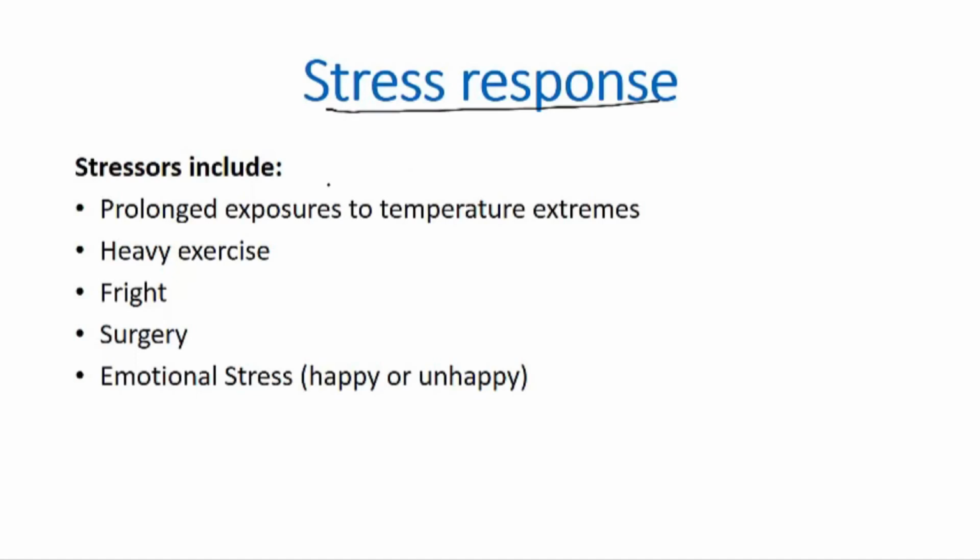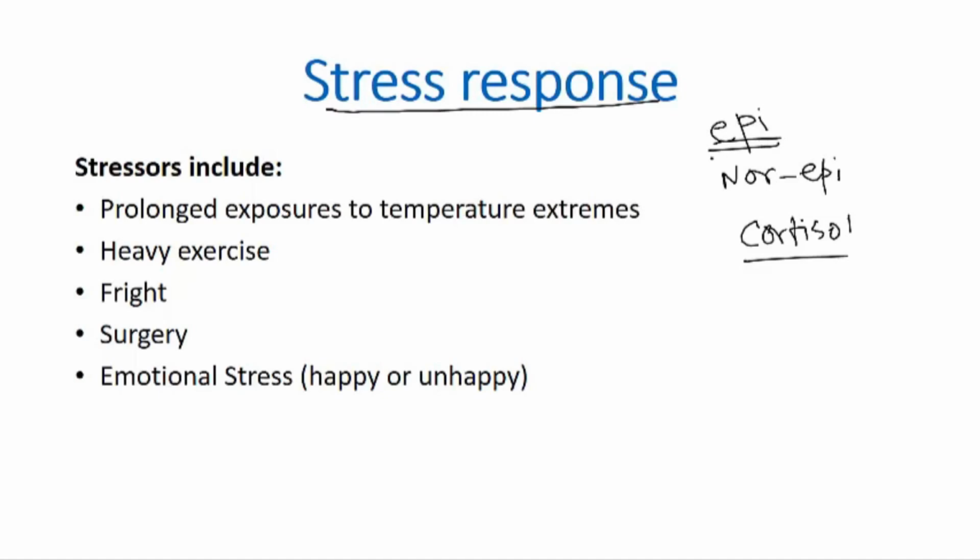Now this involves an increased level of epinephrine. These are the hormones that we know: epinephrine, norepinephrine, and cortisol. These are the three types of hormones that are linked. And the sympathetic nervous system regulates the activity and release of these endocrine hormones.